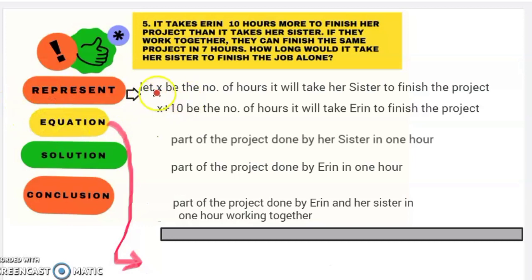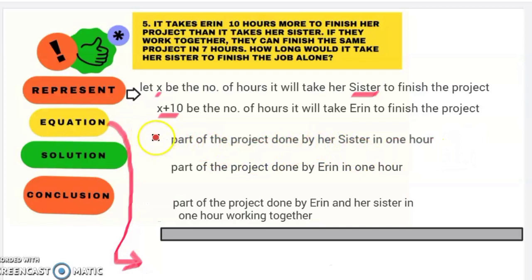So, we let x be the number of hours it will take her sister to finish the project. And then, yung kay Erin naman is x plus 10 kasi nga 10 hours more, diba? Then next is yung part ng project done by her sister in 1 hour.